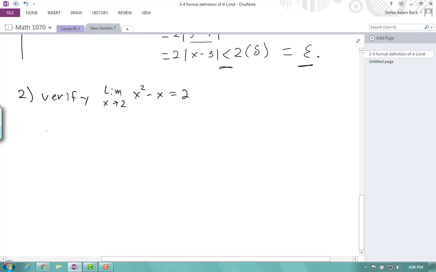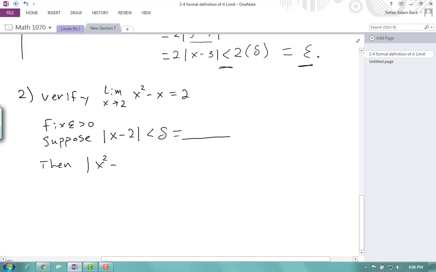I need to fix epsilon greater than 0. And I need to suppose that x minus c, that's 2, is less than delta. And that's going to be equal to something. Then, my f of x minus L, x squared minus x minus 2, I can't really simplify that further, so I'm going to factor it instead, because I really want to have an x minus 2. So, how do I factor this?